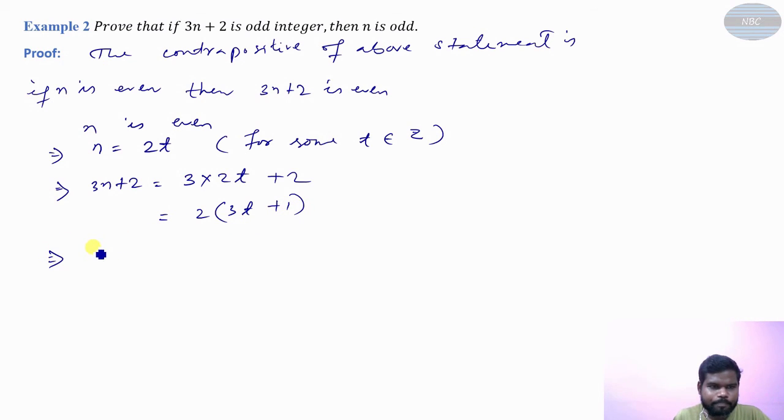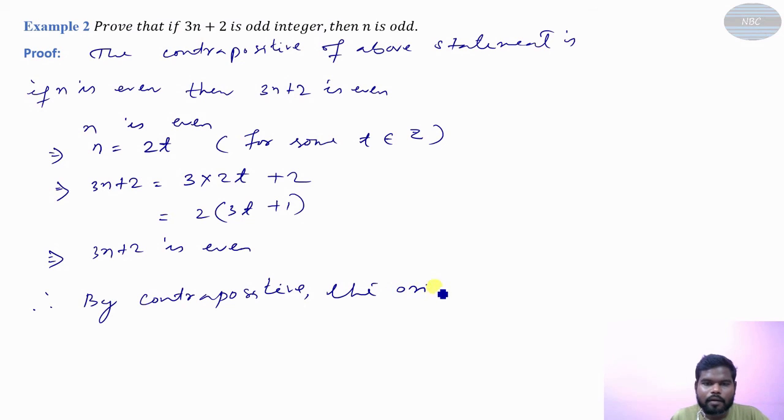This implies 3n plus 2 is even. So from n is even, we got 3n plus 2 is even. By contrapositive, the original statement is true. So hence proved.